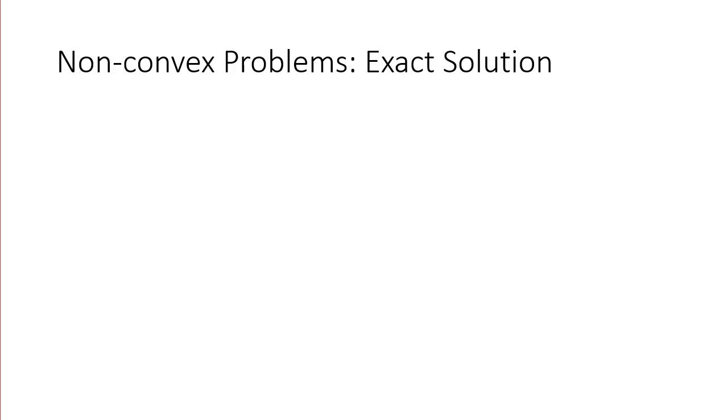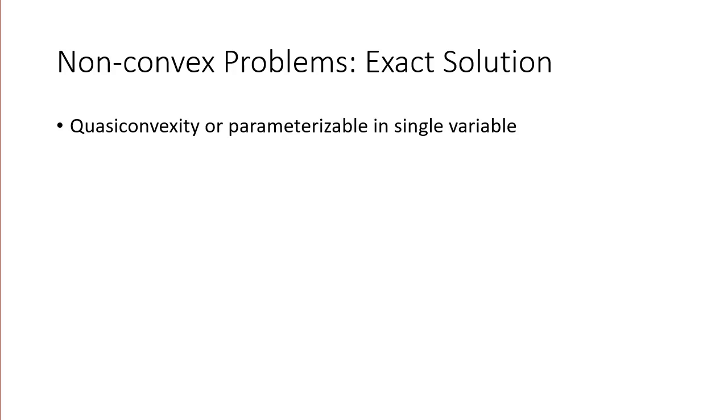Then we come to problems which are non-convex and strong duality also does not hold. For this, you should first check if the problem is quasi-convex, or more generally, if it can be parameterized using a single variable. In those cases, you can perform bisection over that parameter and figure it out.